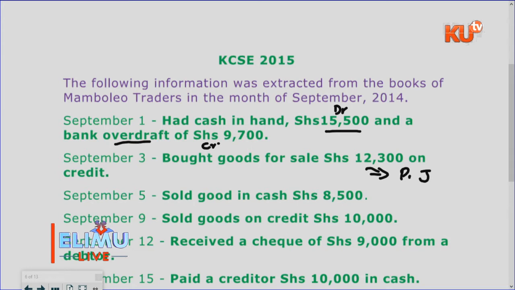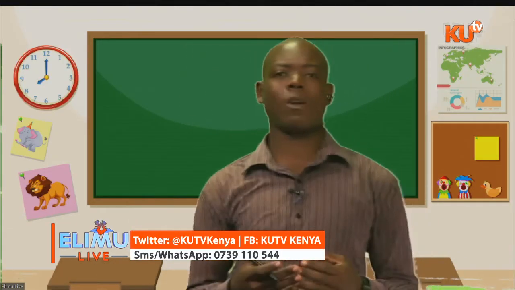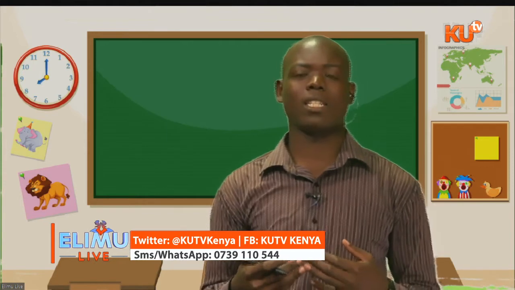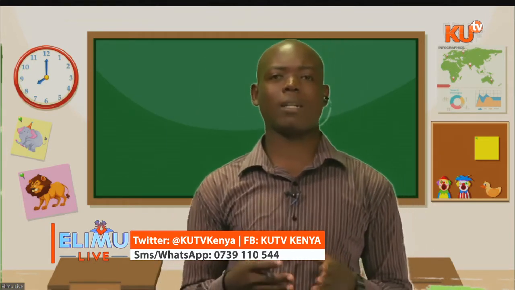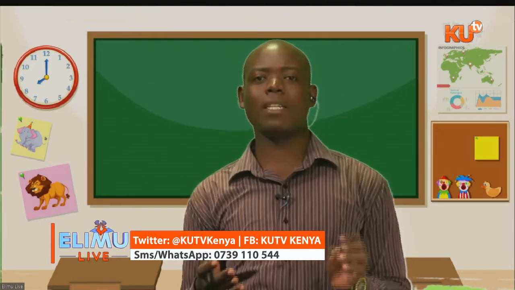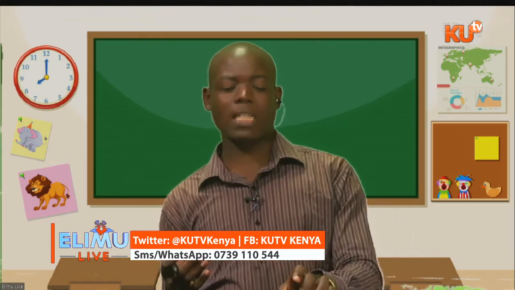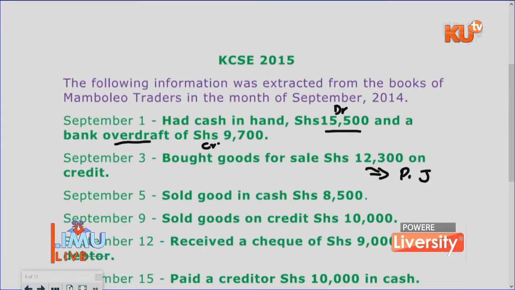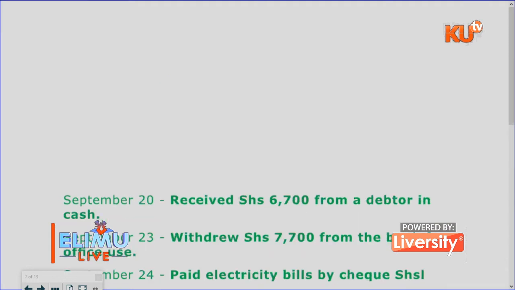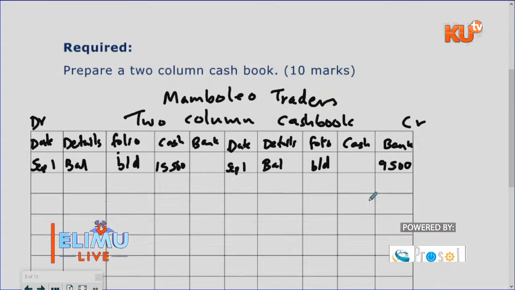On September 5, sold goods in cash 8,500. When we sell goods in cash, we receive money. Since we are receiving, those are called receipts, which are supposed to be debited. So let's debit this transaction, because that is money in. We take the 8,500 to the debit side.